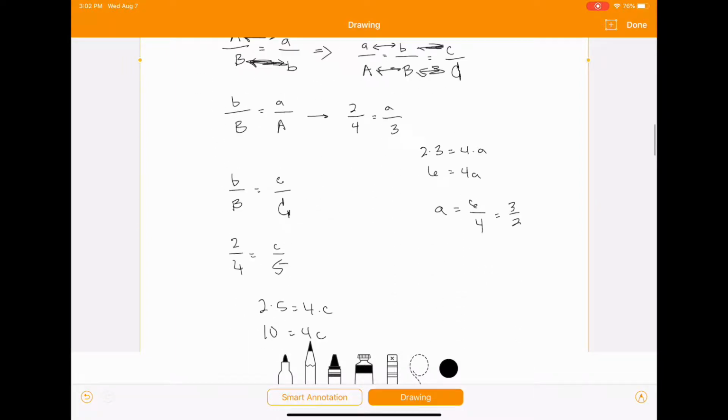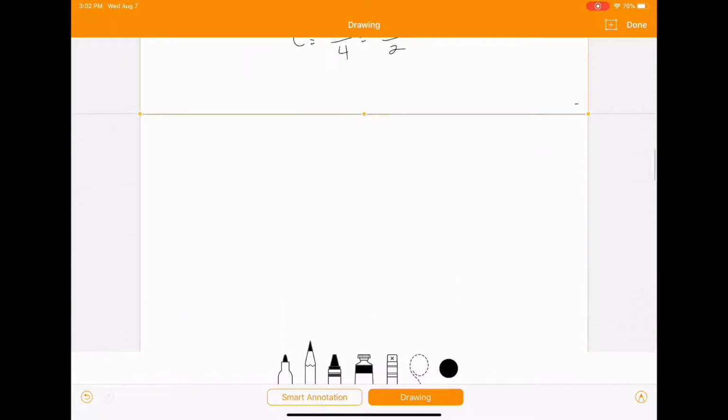Just stay consistent. All right, so another thing that you can use proportions for are things like scaled drawings. So say you're looking at a map, and the map at the bottom has this scale saying that 1 inch equals 5 miles.